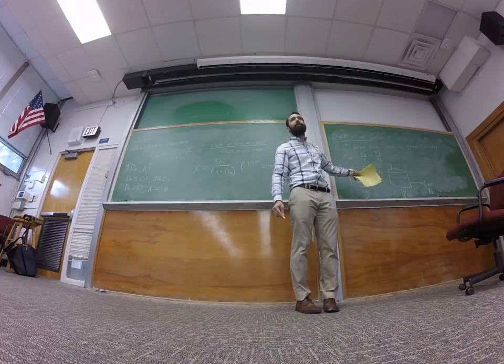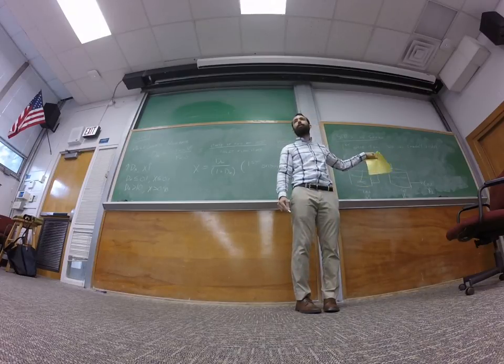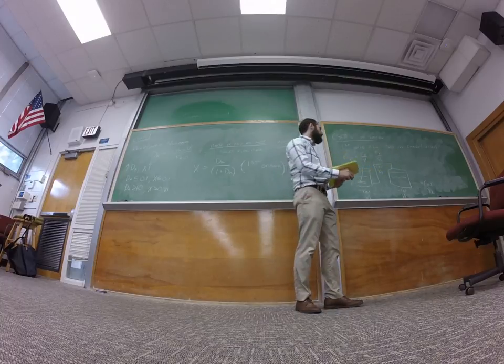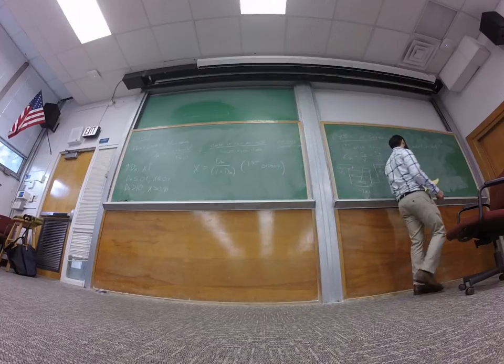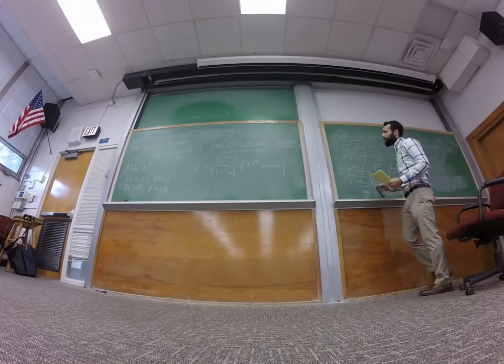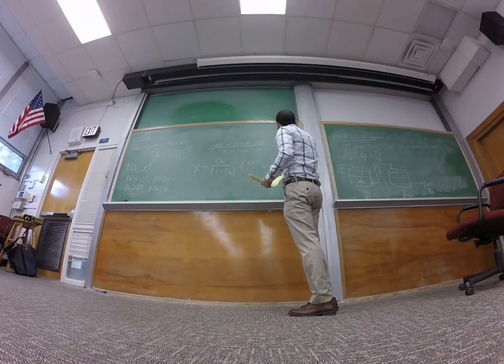0 is going into the first unit, 1's coming out of the first unit, 2's coming out of the second unit. Alright, and then you have X1 and X2, meaning the conversions after the first unit and the final conversion.